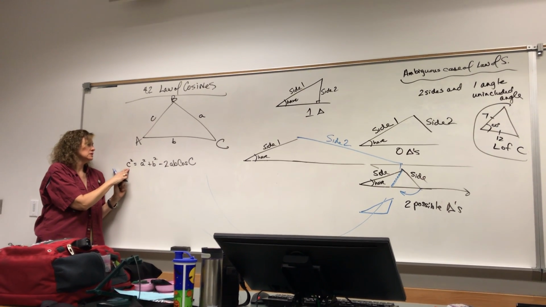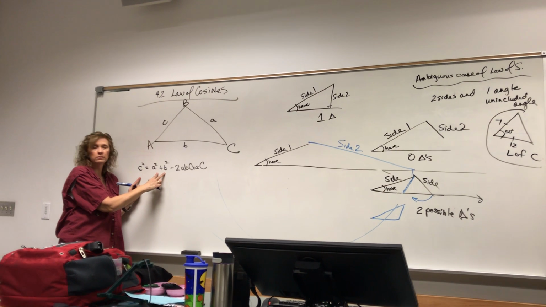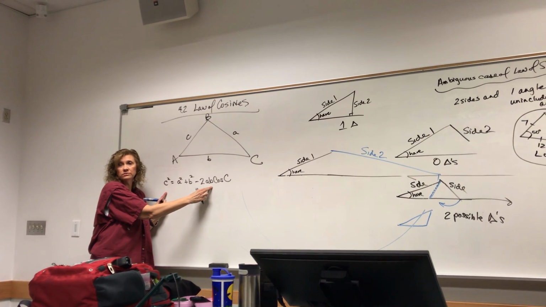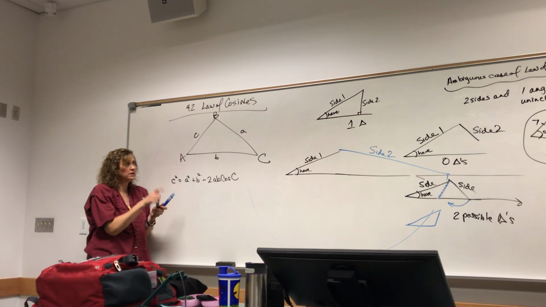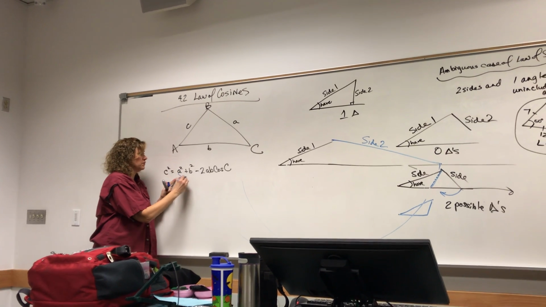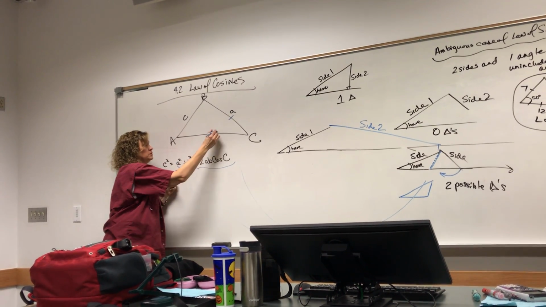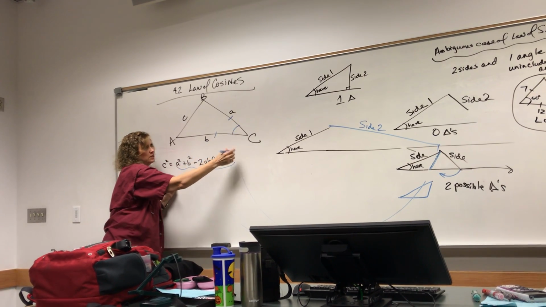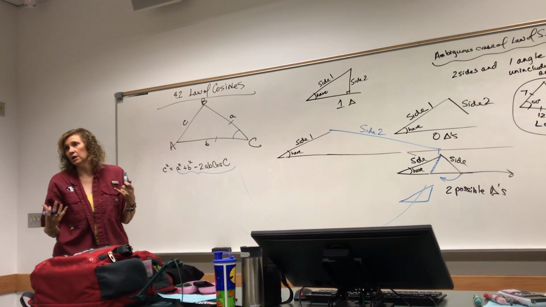Okay. c squared is equal to the other two sides squared minus 2 times the product of those two same sides times the cosine of that angle C. Okay, and notice all of this information here: side a, side b, side a, side b, cosine C. Okay, so just like I was talking about over there, when am I going to use the law of cosines?